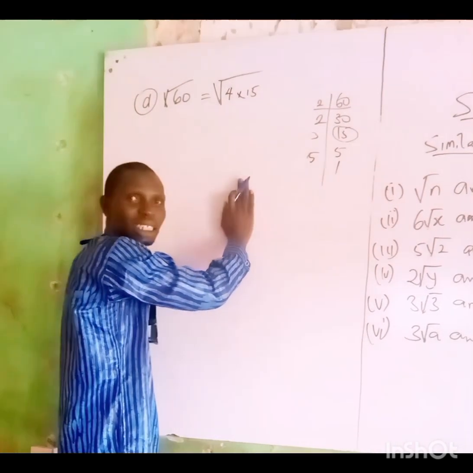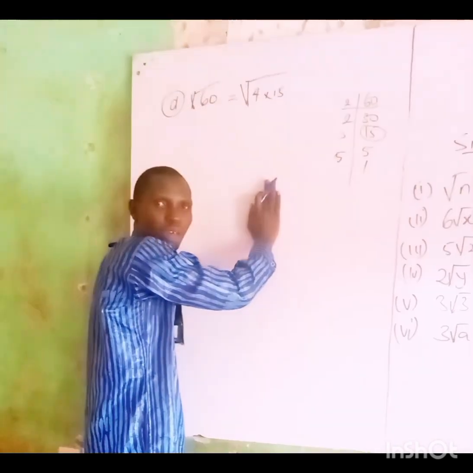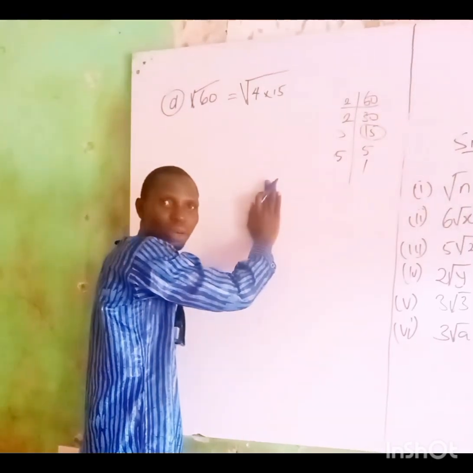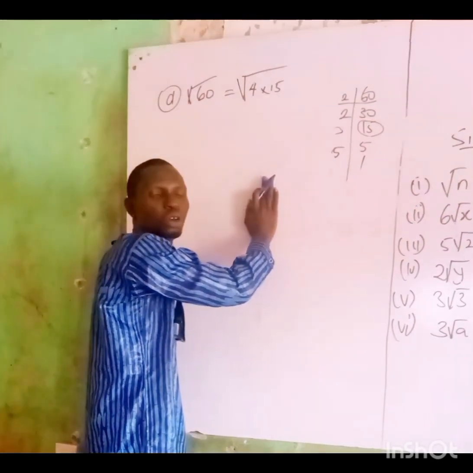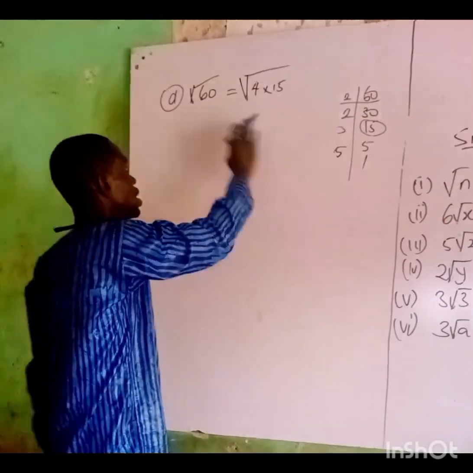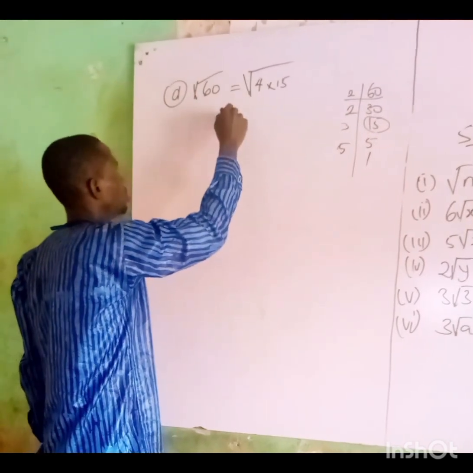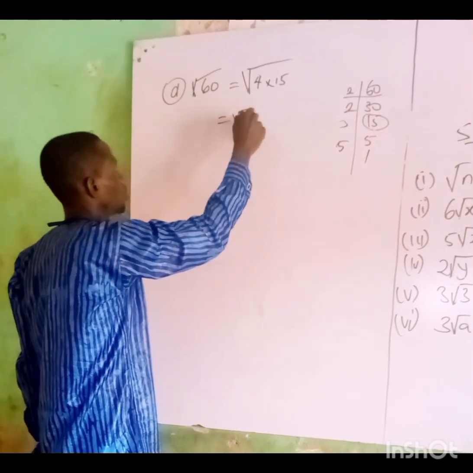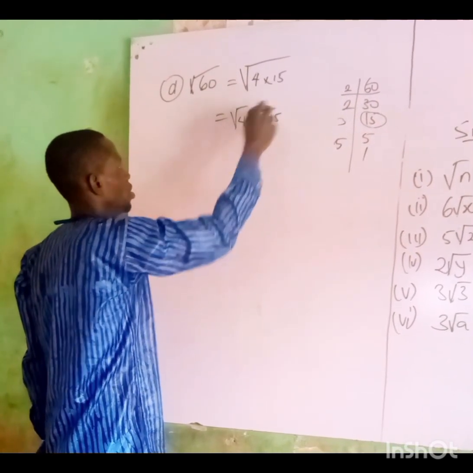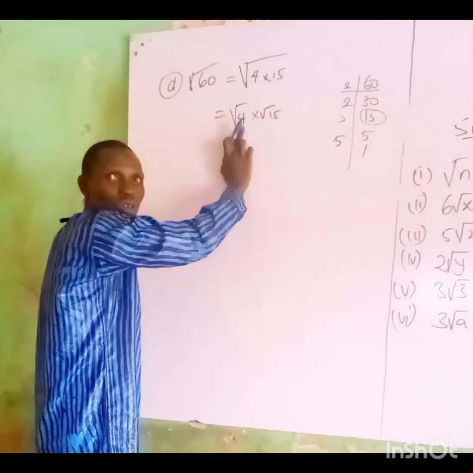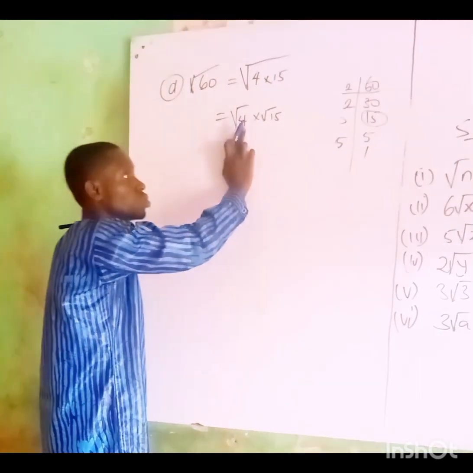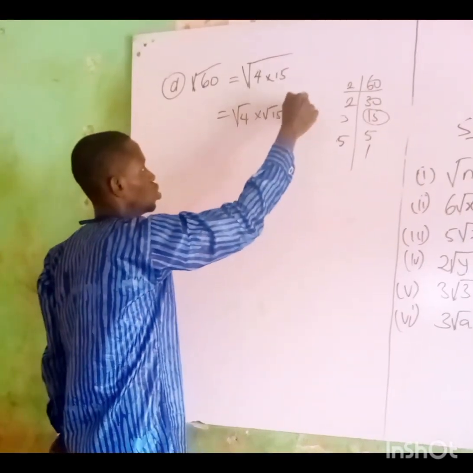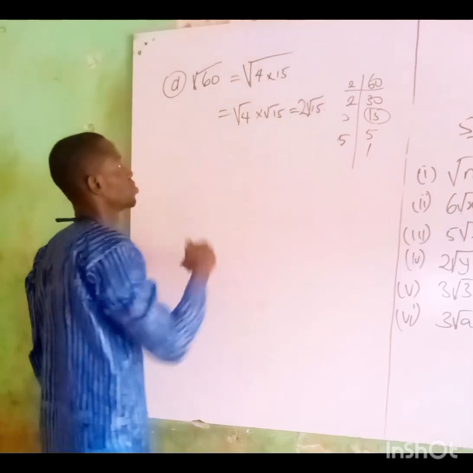You pick numbers that are the same, so that by the time you multiply them, the answer will give you a perfect square, which is one of the two numbers. This now will give us the square root of 4 times the square root of 15. By the time you find the square root of 4, it will give you 2. So your answer now will be 2 root 15.